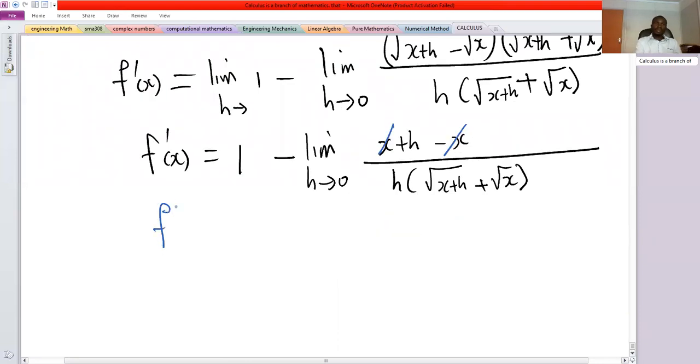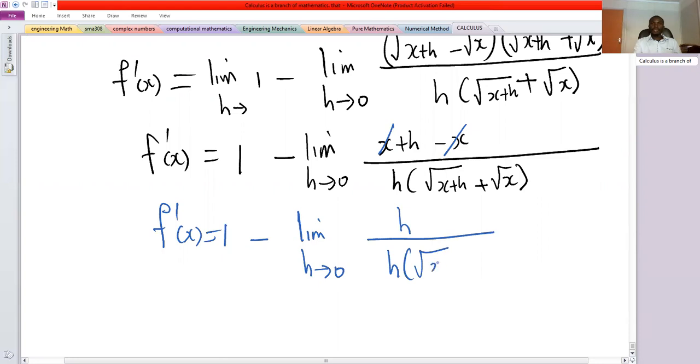So I'll have f prime of x equals 1 minus the limit as h approaches 0 of h over h into square root of x plus h plus square root of x.